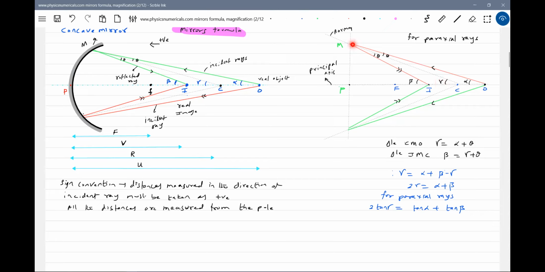It should be PM by PC. Similarly, tan alpha, look at this triangle. For your convenience, why trouble you, tan alpha.